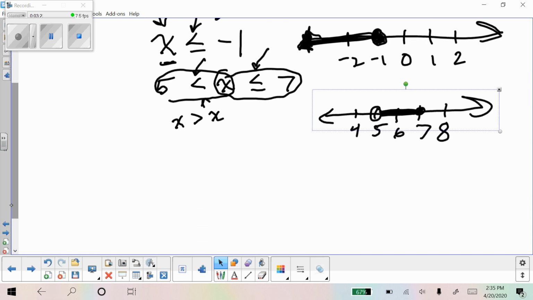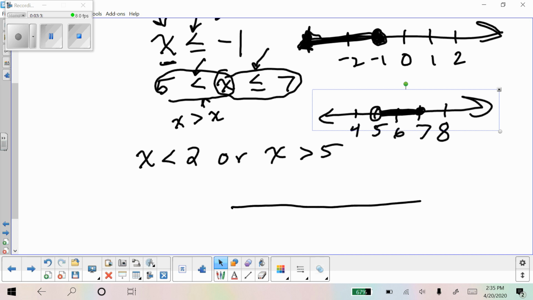Okay. Now the other situations we've seen are where we have or, like x is less than 2 or x is greater than 5. In that situation, maybe I'll put an equal sign just so they're a little different. x is less than or equal to 2. So let's say I have 0, 1, 2, 3, 4, 5, 6.